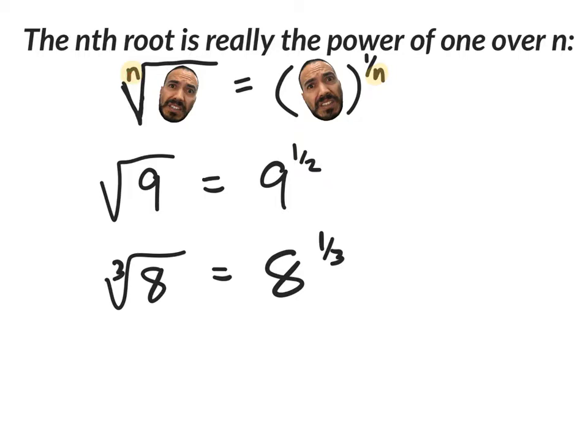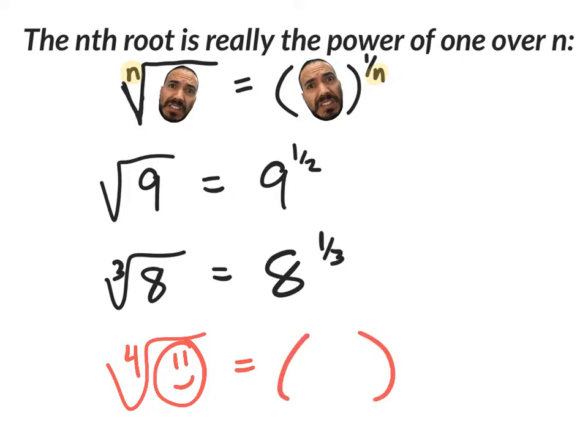You could rewrite it as 1 over that same number. Is that making sense? So if I say, what is the 4th root of happy face? You could say that that is really happy face to the power of 1 over 4. Okay?